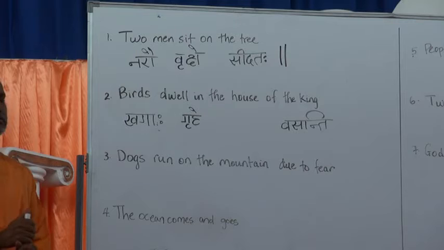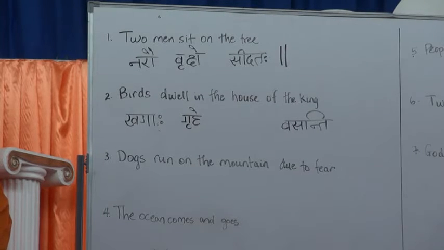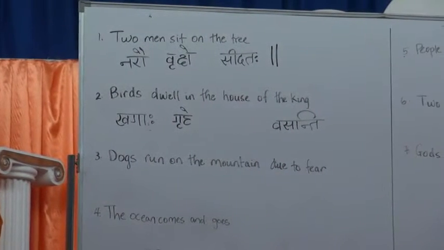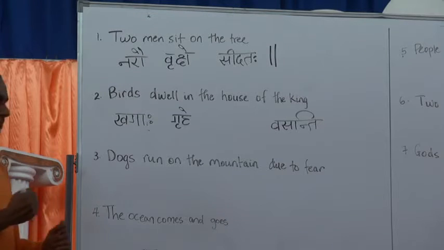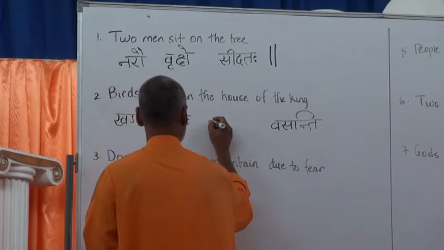Now you want of the king, house of the king, right? So, what is the word for king? Nripa. And which case do you want? Sixth case, yes. The house belonging to the king. So, Nripa in sixth case will be what? Nripasya.